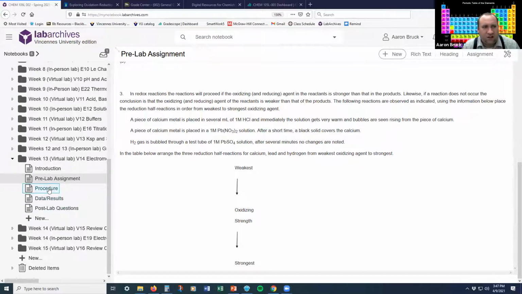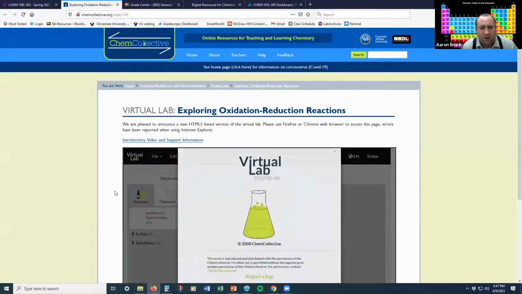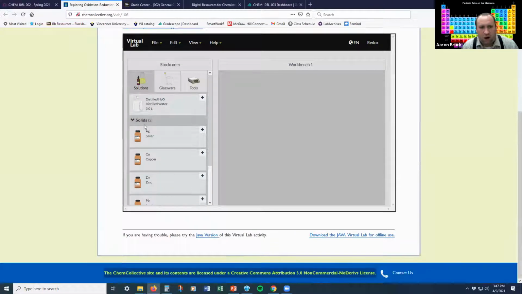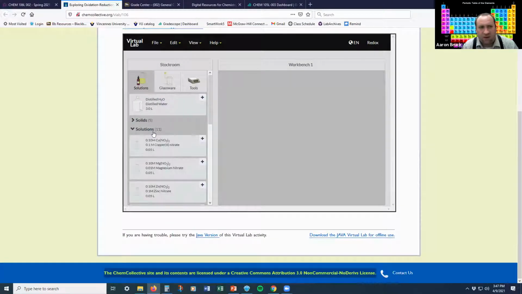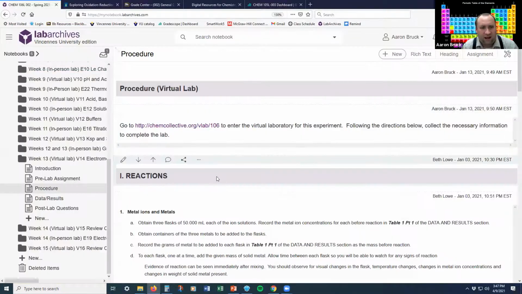Now, as far as the procedure itself is concerned, this is actually a relatively straightforward procedure. Once again, you're going to go to the Chem Collective bench, and just Control-click will open this up. You've got all of the solids. We've already preloaded the activity here for you, so you don't have to go to File and Open or anything like that.